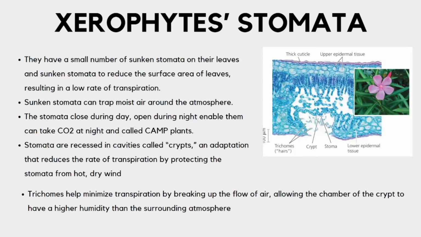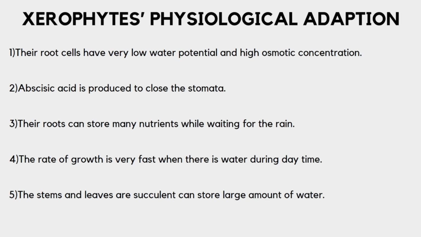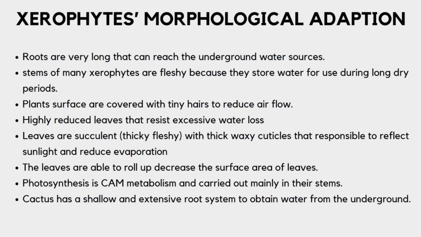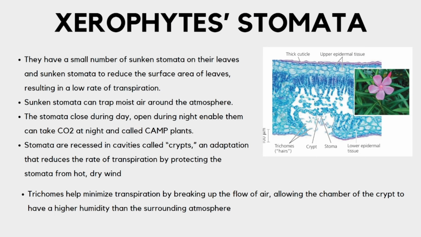You need to know the morphological adaptations and physiological adaptations of these two plants. Normally only these come out. First of all, I will explain about the xerophyte stomata. This is a morphological adaptation. Stomata are very important in plants, because they play the role of controlling water loss.